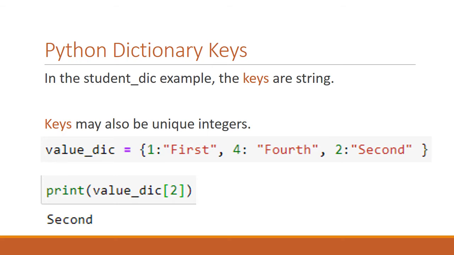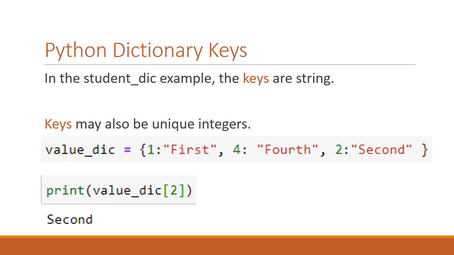In our student dictionary, where we had the student's name and their associated grade point average, the keys are strings. But the keys can also be integers. Here's an example of a dictionary where the keys are integers and the values are strings. So in this dictionary, we have 3 items. The first item, the key is the integer 1 with the associated value string first.